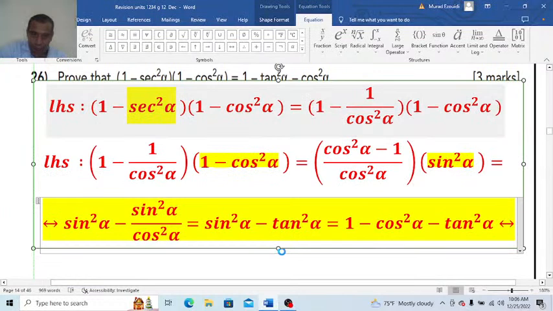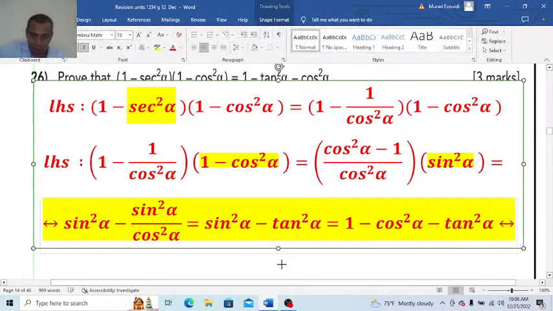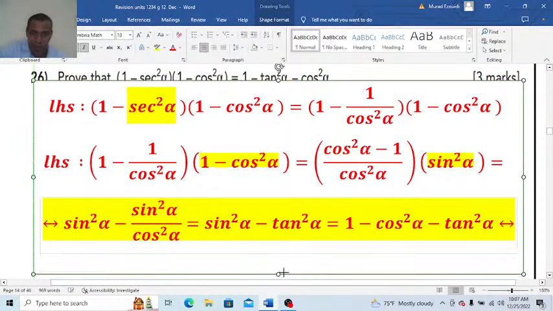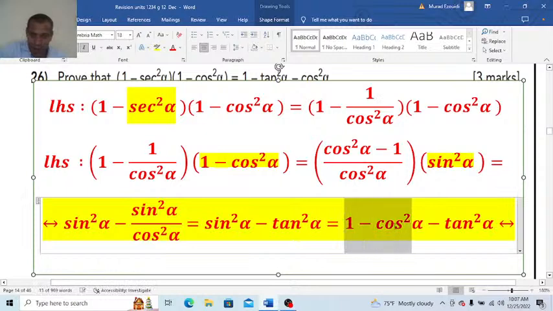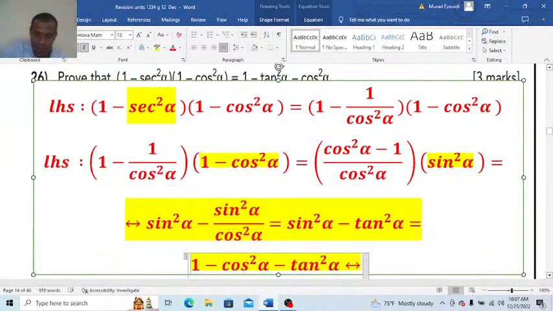Now we'll extend this one, learners. I should rearrange my equation in terms of tangent and cosine.